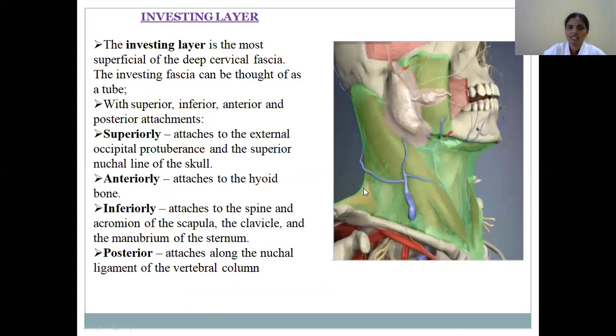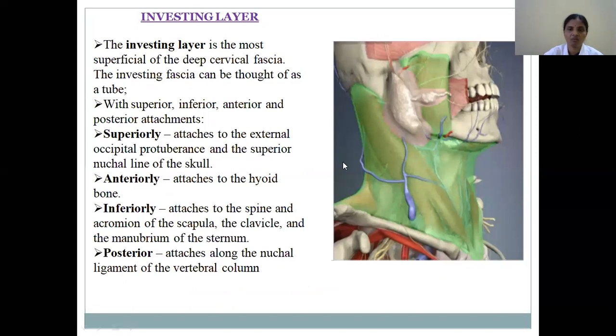Why is it known as the investing layer? Investing means it is enclosing or forming slings. It is covering these structures, so that's why it is known as the investing layer. If you see the extent of the investing layer, first this is the midline of the neck, the anterior extremity, then the posterior line.